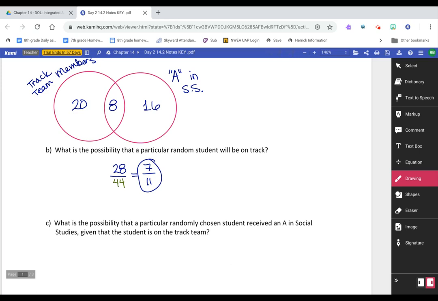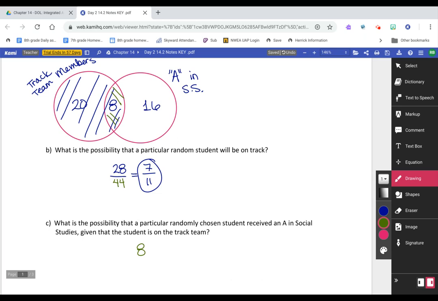So those that are on the track team are in this circle. And I want to know, of those, how many get an A? And the answer is 8. So we would write this as 8 out of those that were, it's given that they were on the track team, 28. Both of these can be simplified by 4. So we get 2/7 for this answer.